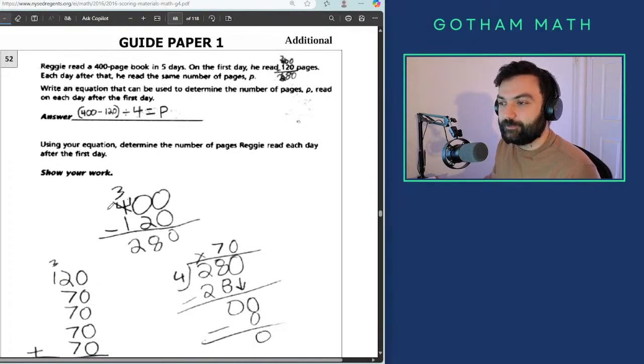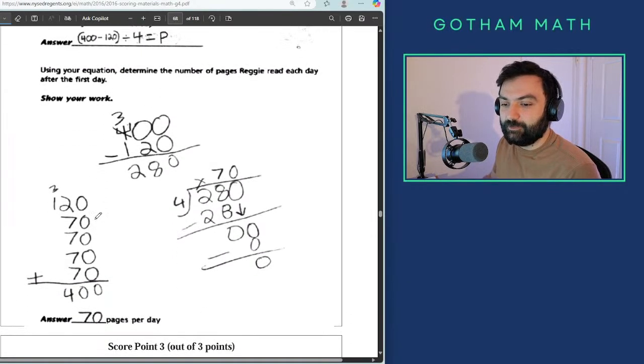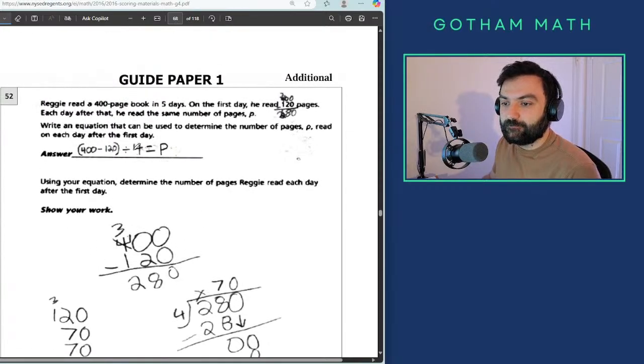All right. So 280 divided by 4 equals p. 280. So this is a good answer. The only thing is that's actually a normal way.